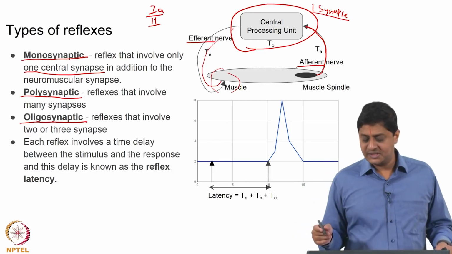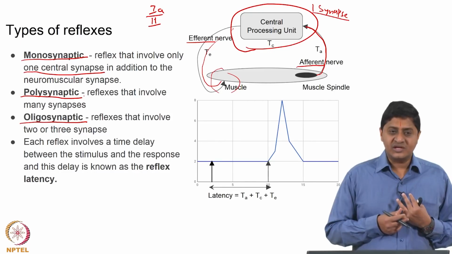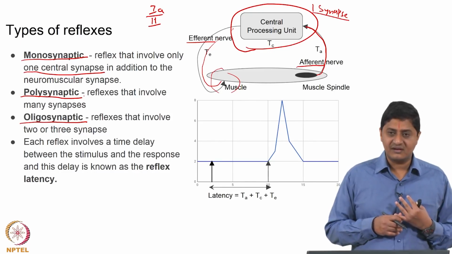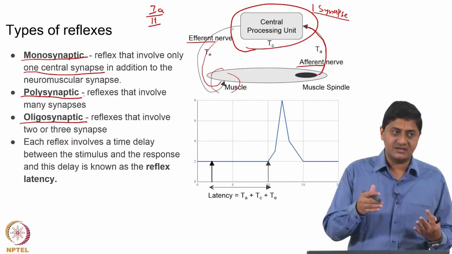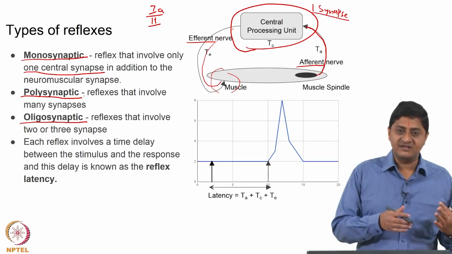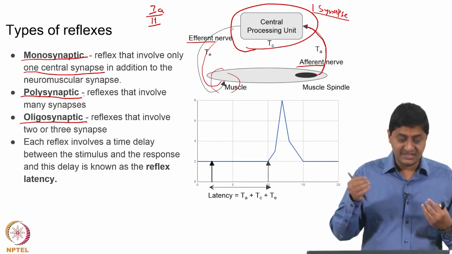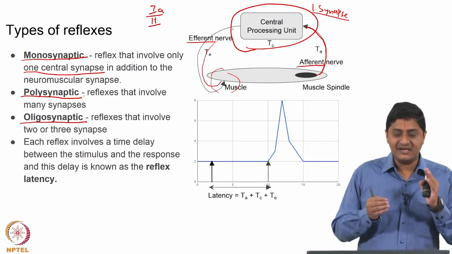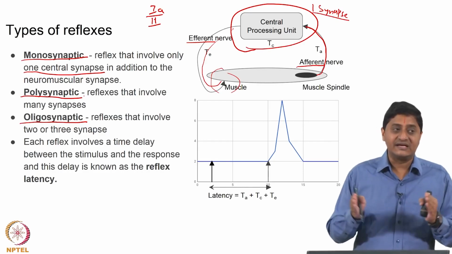And note, usually there is a time delay. How do you know how many synapses are there? You actually do not know. When you are measuring from the outside, you do not know how many synapses are there, but it turns out that the delay between the stimulus arrival and the response arrival scales as a function of the number of synapses. As the number of synapses increases, the latency, the time delay between the stimulus arrival and the response beginning, increases.